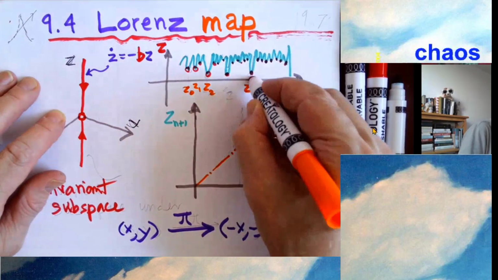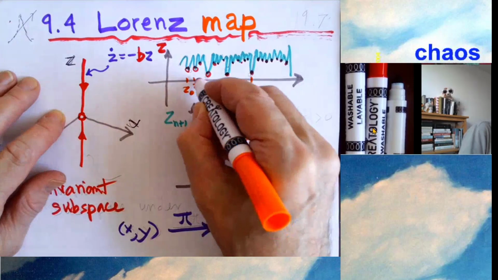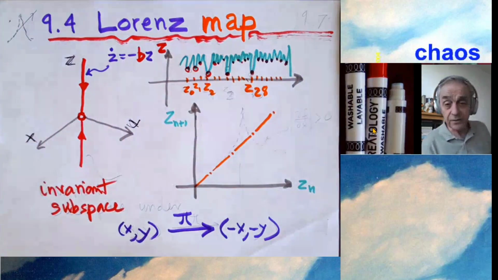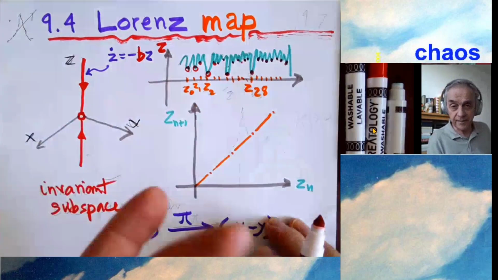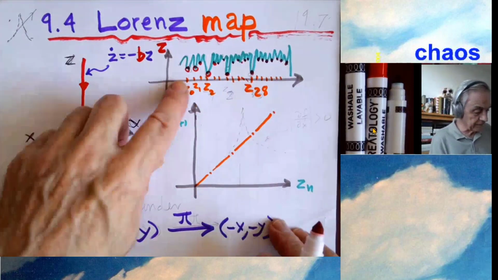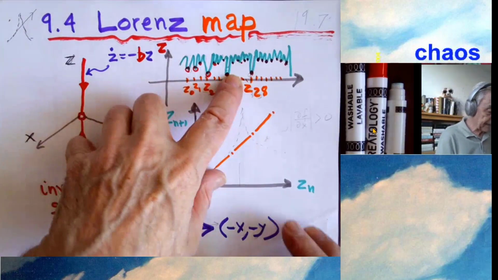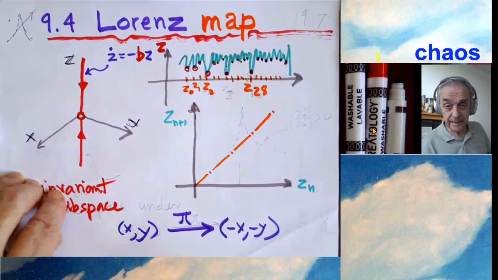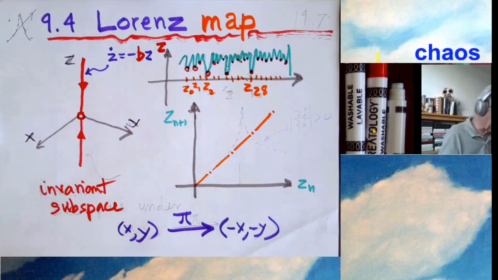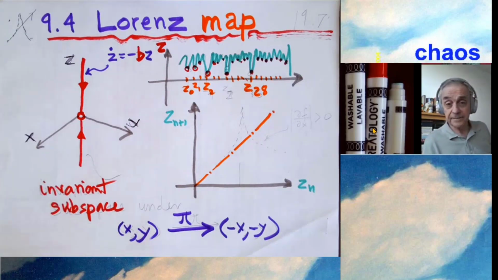Z28, whatever. So every time I encounter a minimum, this actually is a Poincare section, not of the flow, but of its derivative, because every time the derivative of the flow is 0, you say blip, and that's how we defined Poincare section before. So now you can study what happens in that Poincare section.